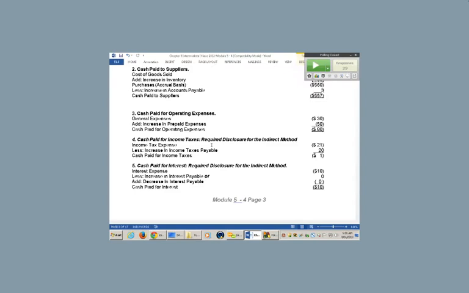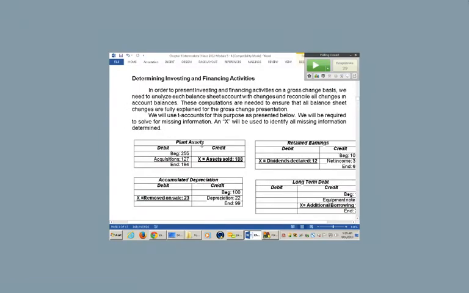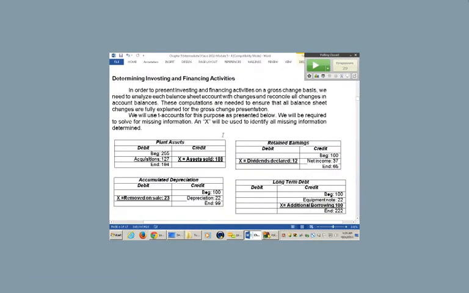Okay. All right. So now let's look at the investing and financing cash flows, and these again are accounts that require an analysis of what I would say gross changes. Now, these are the 4 accounts that I've picked for this purpose. I got to make a correction here.